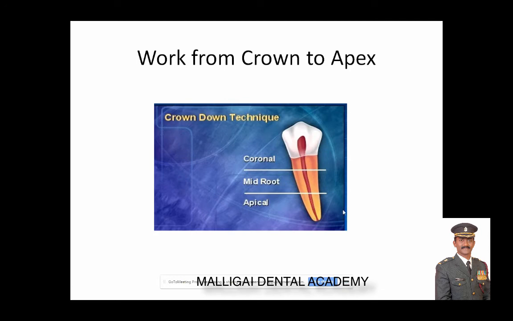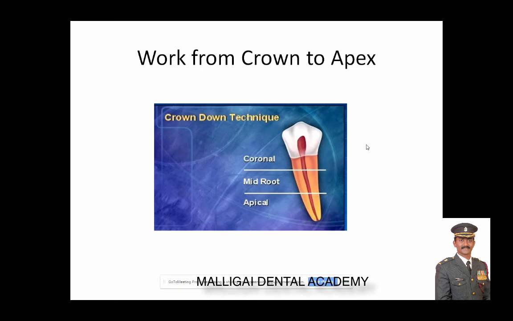When we work with the crown down technique from the crown to the apex, we address the coronal third of the root canal first, then the middle third of the root canal, and then the apical third. So, the enlargement of the root canal system also is done in the coronal third first, followed by the mid-root and the apical sections.